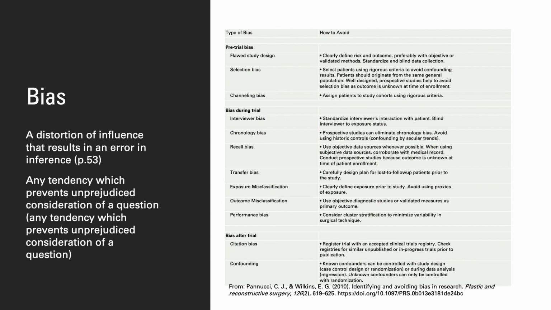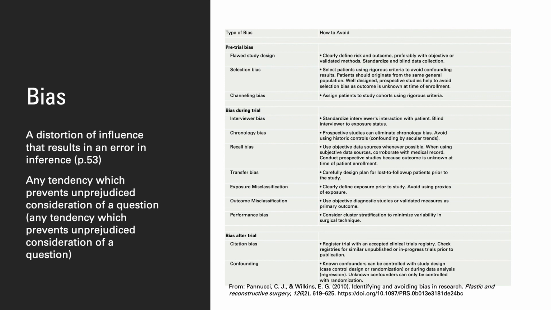Bias can occur at any point in the study, from the planning to the implementation to the analysis. I've attached a table from Panucci and Wilkins about ways to avoid bias. This may be helpful to you when reviewing articles.